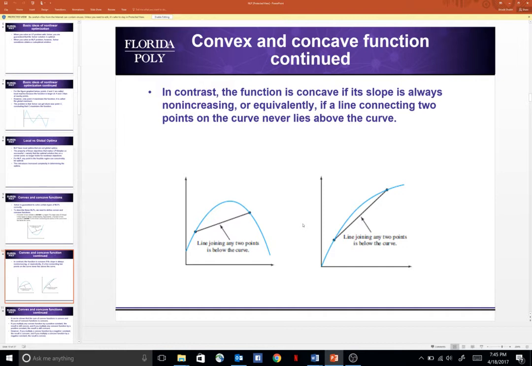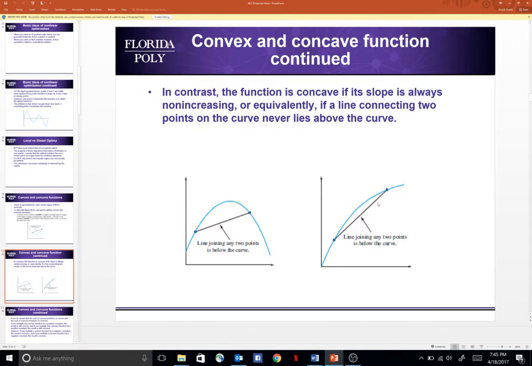And similar to a convex, if I was to plot a line and connect any 2 points on the function, the line would be below the curve, as you see in both examples. Okay, so that's indicative of a concave function.